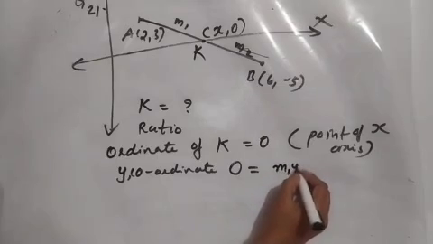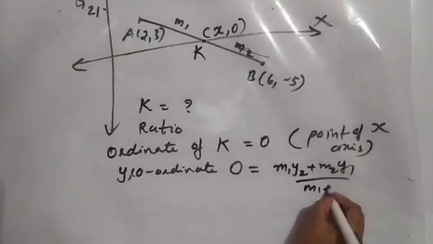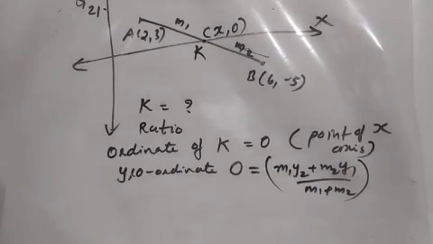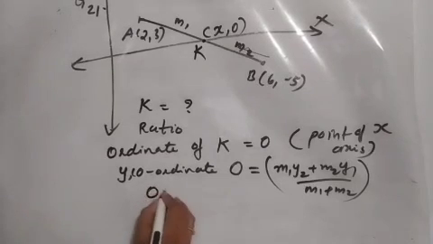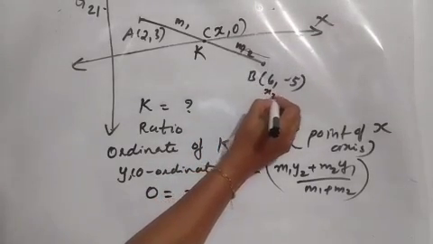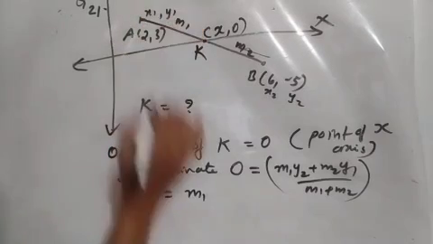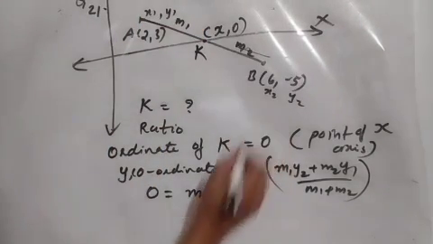Yes, m1 y2 plus m2 y1 by m1 plus m2. By using this, we can calculate the ratio, and then it is easy to find the x coordinate of K also. Let us substitute. 0 equal to m1 y2, let this be x2, y2 and this be x1, y1. So m1 x2, m1 y2, what is that?